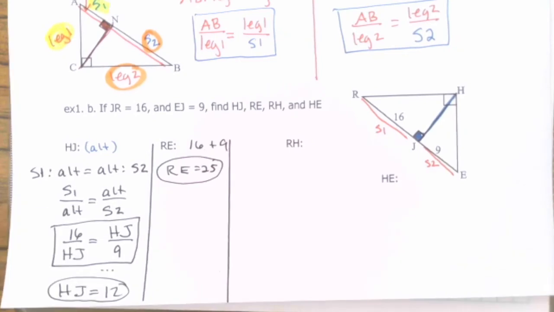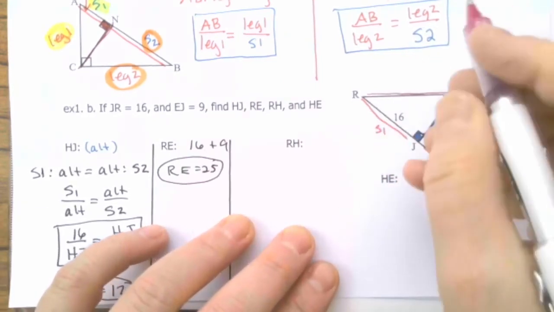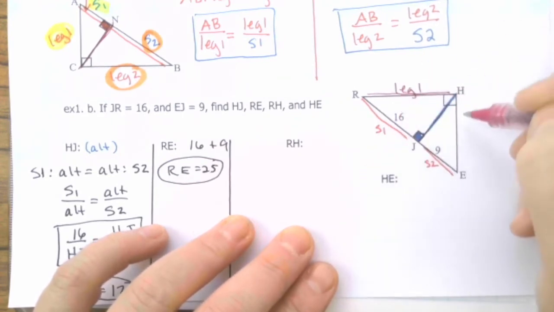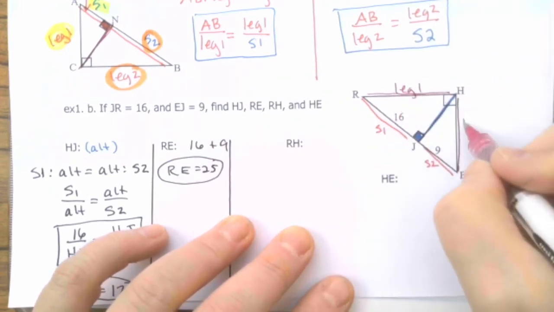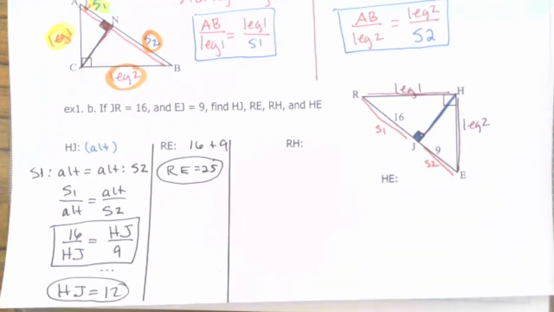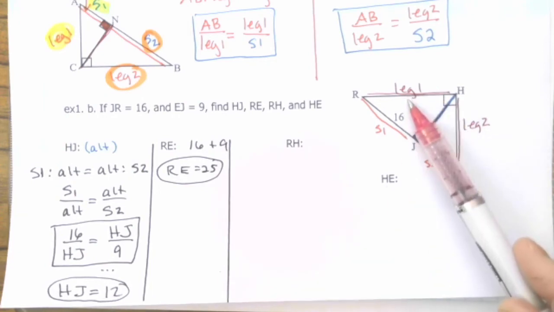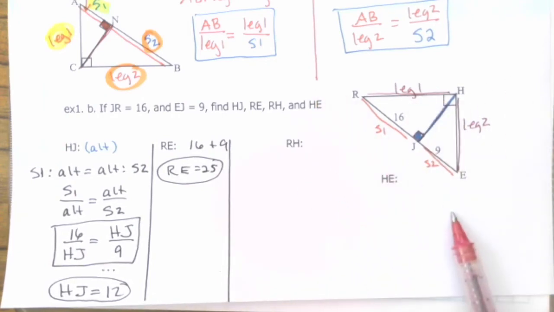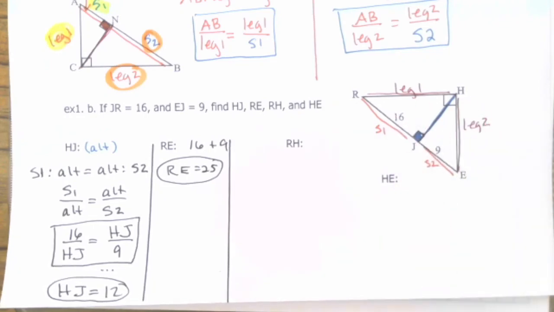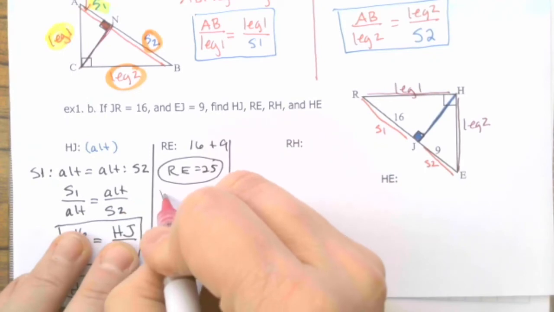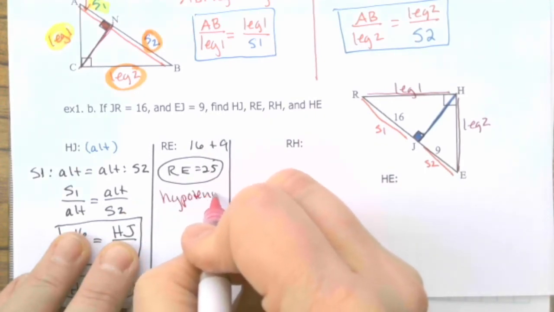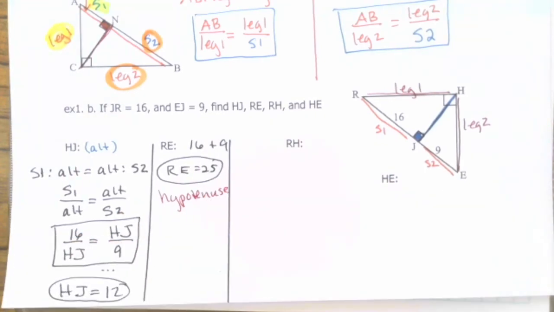So now we're going to find RH. RH, this one right here, we're going to call that leg 1. HE, we're going to call that leg 2. Okay, so we have a theorem that says that the leg is the geometric mean between the entire hypotenuse and the closest piece. So RE is the hypotenuse, so we have 25 for the hypotenuse.